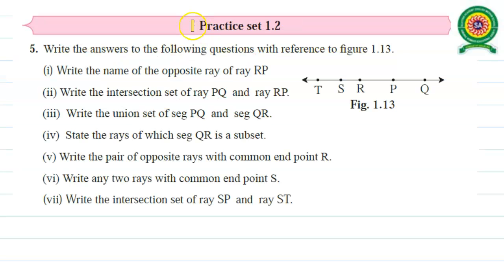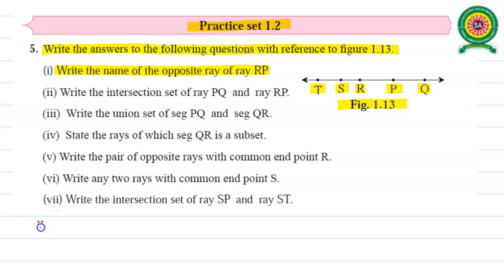Now look at question number 5 from practice set 1.2. Write the answers to the following questions with reference to the given figure 1.3. Look at the figure. We have a line, and on it we have the points T, S, R, P and Q. The first sub-question is: write the name of the opposite ray of ray RP.